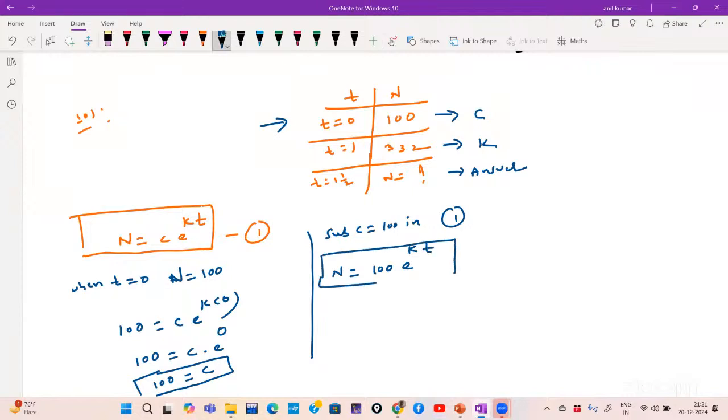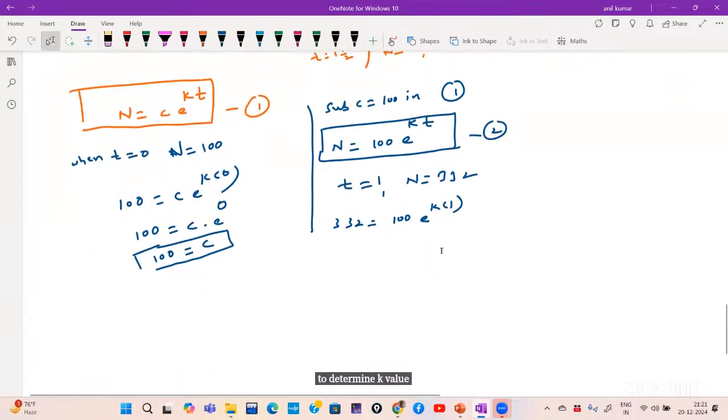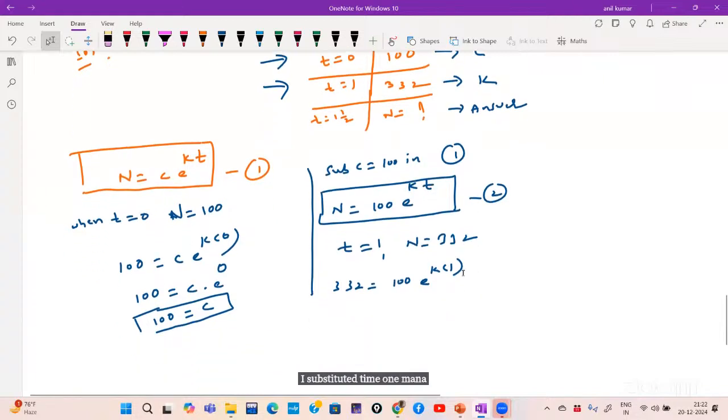Once you update equation 1 with the C value, we call this equation 2. And get ready to substitute the next reading. After 1 hour, the bacteria increased to 332. I'm substituting the data once again to determine the K value. I substituted time 1 hour, and N is 332.